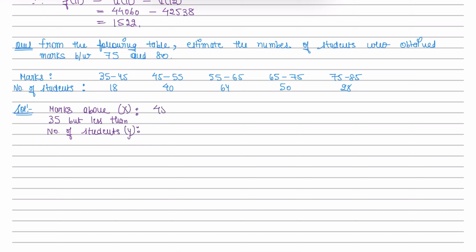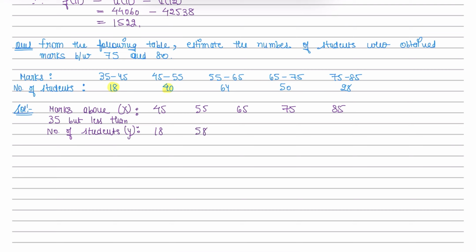Firstly, 45, 55, 65, 75 and 85. The number of students who have marks above 35 but less than 45 are 18 only, and the number of students who have marks above 35 but less than 55 will be 40 plus 18, which will be 58.